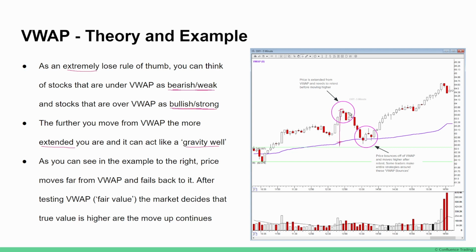So what happens is price comes back down and retests fair value, and then we get this confirmation that the true value of the stock is considered higher. And so we bounce off of this fair value line and we continue moving up for the day. So that's just one example of how you can use VWAP in your trading.